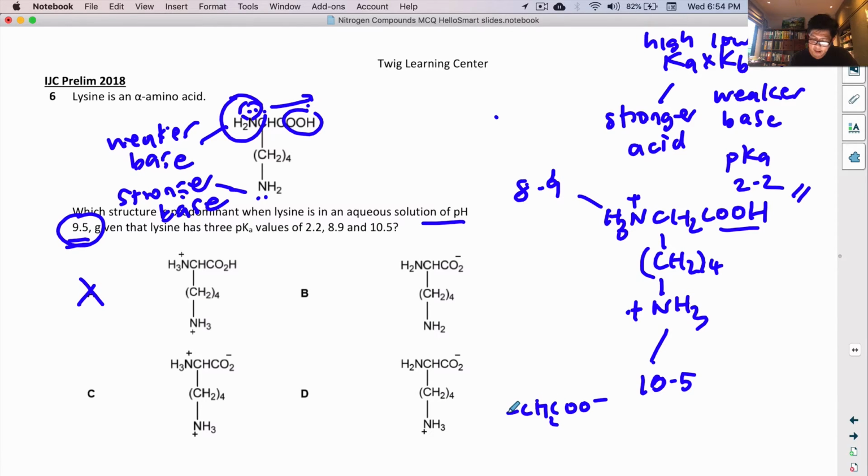The next part here, this one is 8.9 and the pH is 9.5. It's actually bigger than 8.9, which means the medium is more alkaline. More alkaline means this will be able to donate the H+, because in a very alkaline medium, the OH minus will be able to pull out the H+. So this will be NH2. Can you see that? It's NH2. So I also now eliminate C.